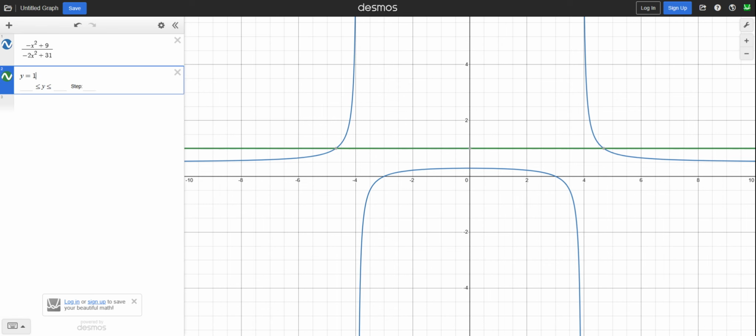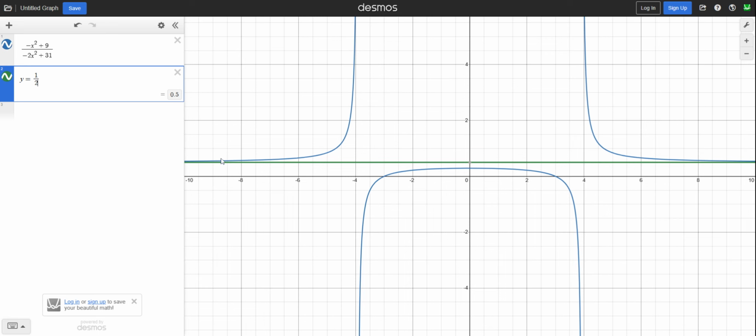So let's put 1/2 here. Do you see how this is hugging those blue lines up at the top here? Negative 1 divided by negative 2 is positive 1/2.